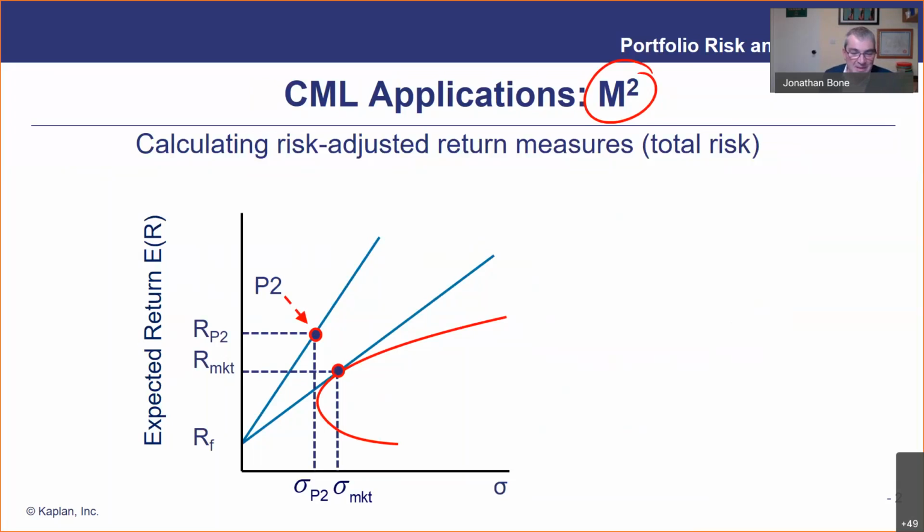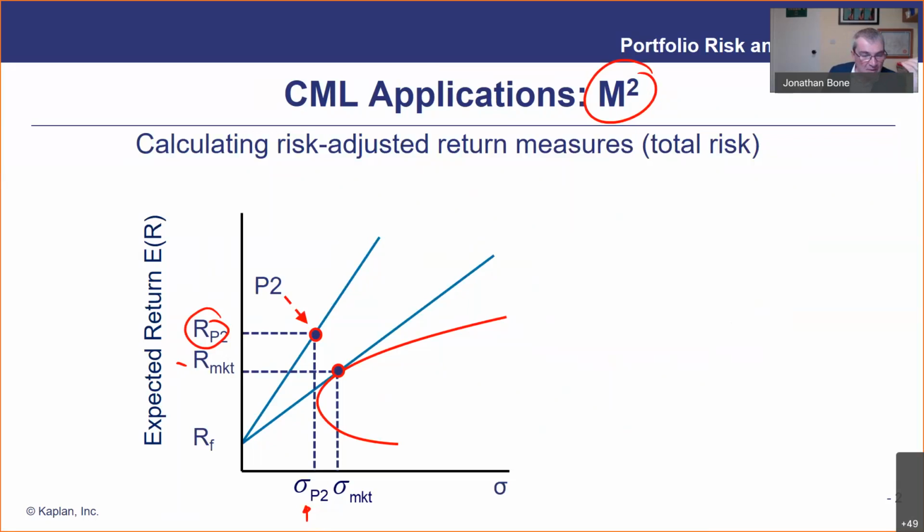Just simply two Modiglianis. Now, what they're saying here is, look, we want to calculate a risk-adjusted return measure. But I can't simply compare the return on portfolio 2 to the return on the market because portfolio 2 has too little risk. So what I'm going to do is leverage portfolio 2 up so that it has the same risk as the market.